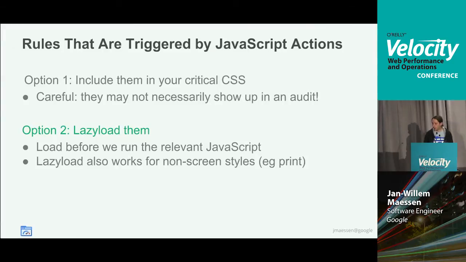Now, what's not going to be spotted is rules that are triggered by JavaScript actions. It's not totally clear exactly what that means, because on a lot of sites, we've included CSS rules that are going to be triggered by JavaScript actions.